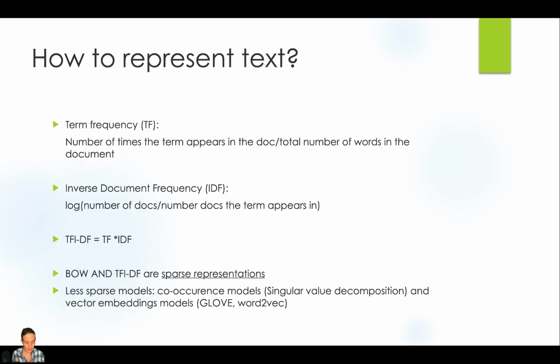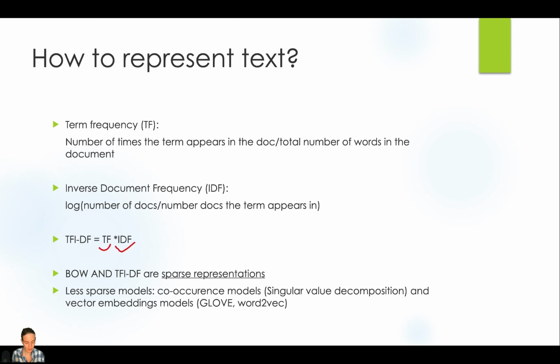How do we calculate this? First of all, we have the term frequency, which is the number of times the term appears in the document, divided by the total number of words in the document. Then we have inverse document frequency, which is the logarithm of the number of documents divided by the number of documents that the term appears in. Then we just multiply these two terms.